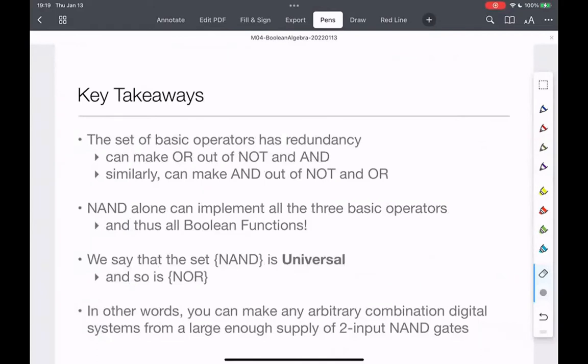That leads to the main thing, that there is a concept of universality, right? That is, I can give you a set of gates and say that set is universal if, using that set, I can implement any gate. Now, one way of thinking about it is, if I give you some gates and I show that I can implement NAND using those, then I have proven universality, right?